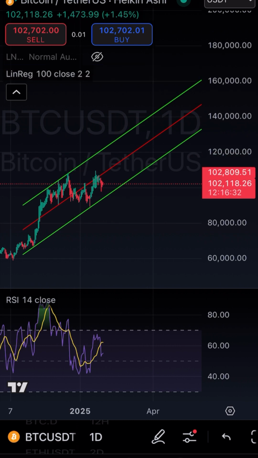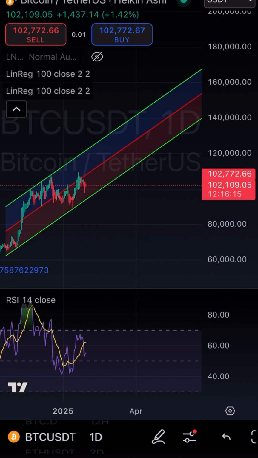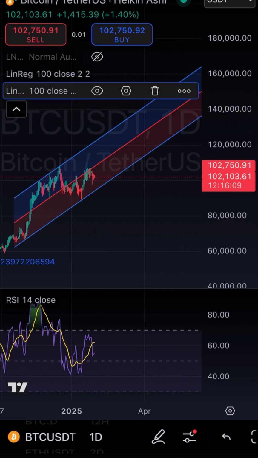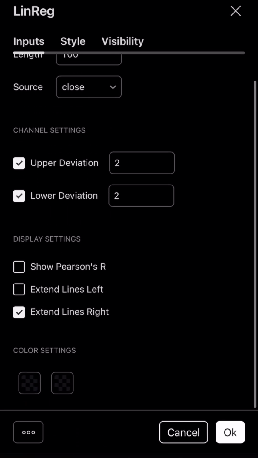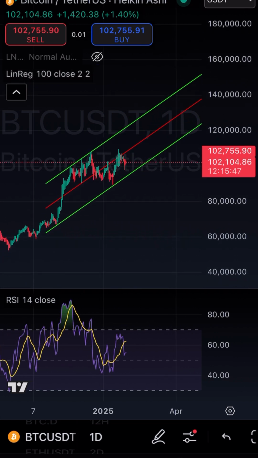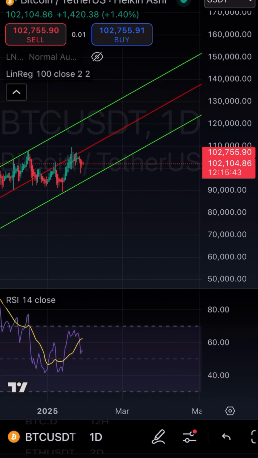By default, it's going to look like this, with the blue and the red in the center. To me, that's distracting, so I turn it off. You just go into your settings and make sure your extended lines are on the right. Then go to your colors and turn down the opacity for both of them. It removes the colors from the middle, and to me that's easier to see.